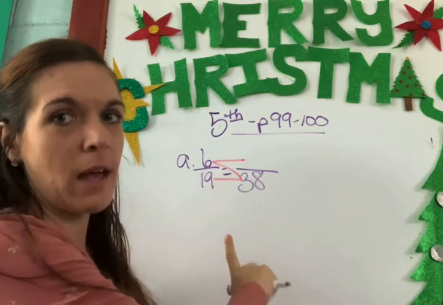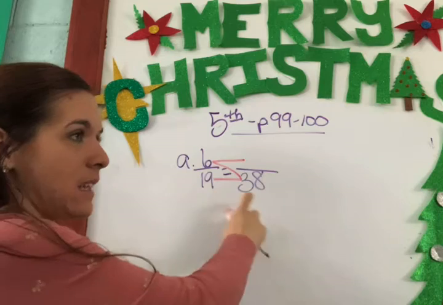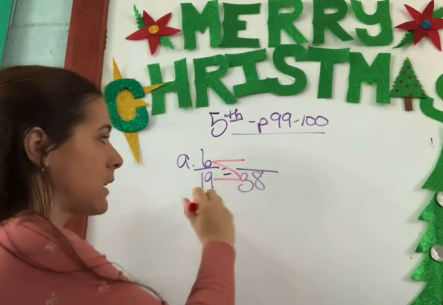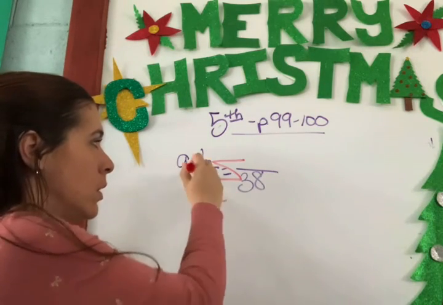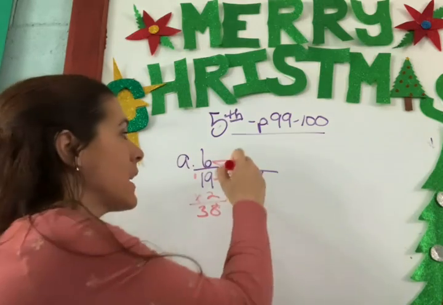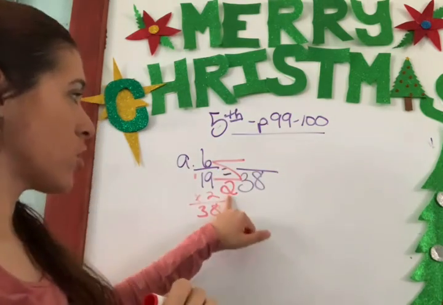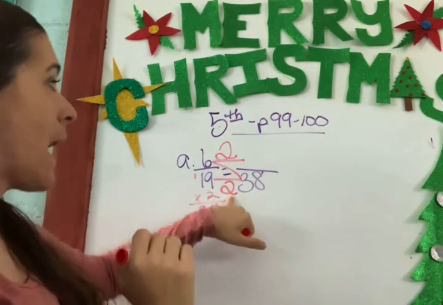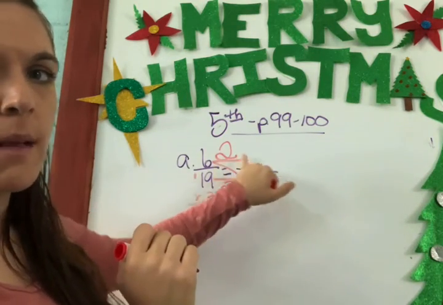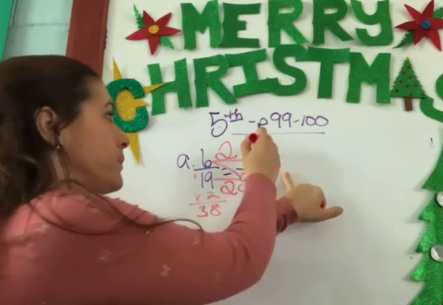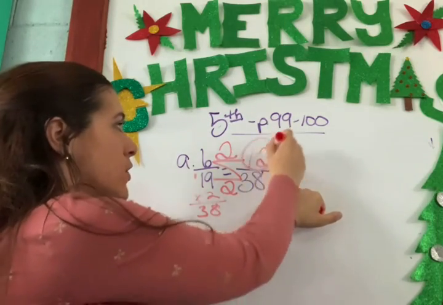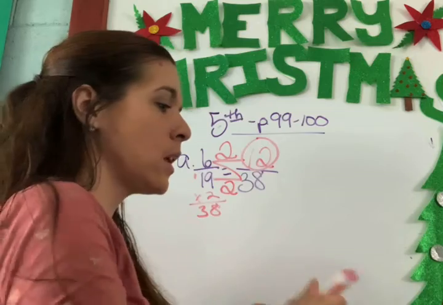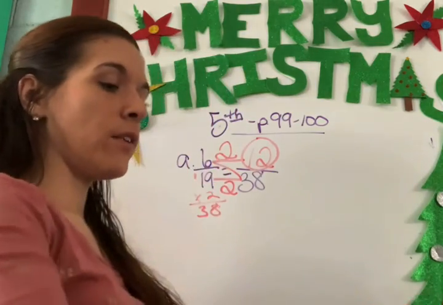You say that there's no tables of 19, but let's try it. 19 times 1, no. 19 times 2, well 19 times 2 is 38, okay? So it is 2. And once we put 2 here, guys, we have to put 2 up here, okay? That means that to get this answer, what do we do? 6 times 2 is 12. And that's your answer for letter A. So try letter B by yourself, and then let's check it.